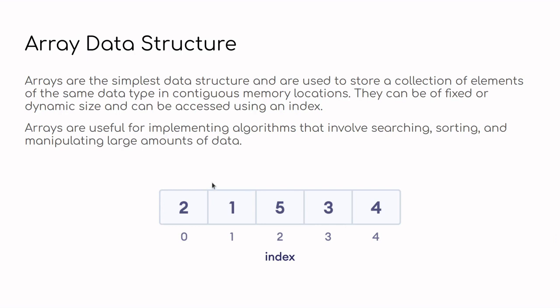For example, you can see here this is a number array, and it has indexes. So to access number 5, you need to use index 2. Arrays are very useful for implementing algorithms that involve searching, sorting, and manipulating large amounts of data.